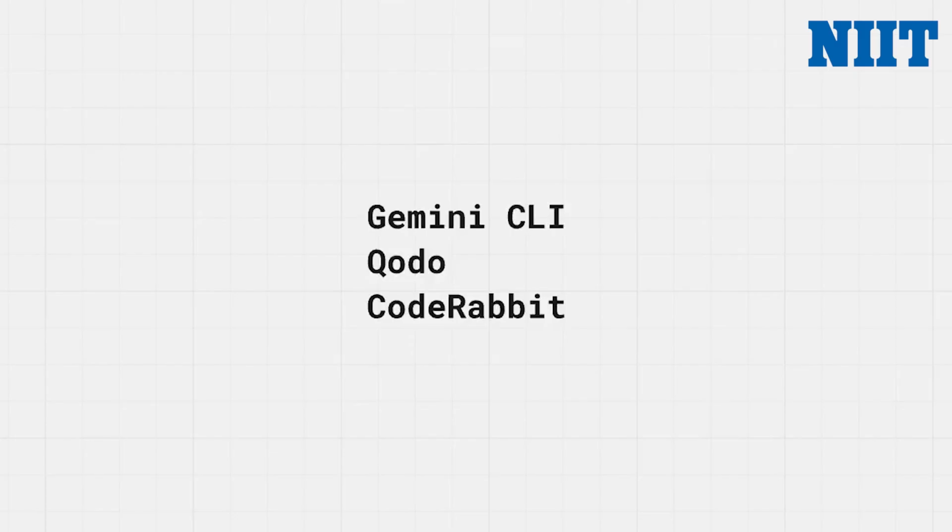So let's recap our ultimate AI assisted coding workflow. Your local AI mentor for brainstorming and refactoring would be Gemini, getting instant expert advice right before you commit. Then you have Qodo, your AI QA engineer, to generate comprehensive tests, ensuring your logic is bulletproof.